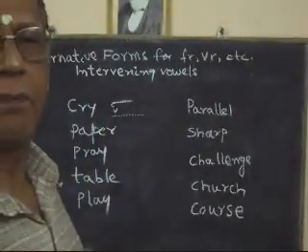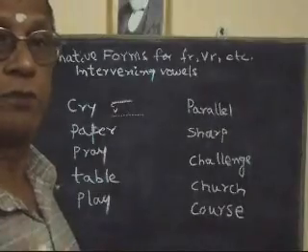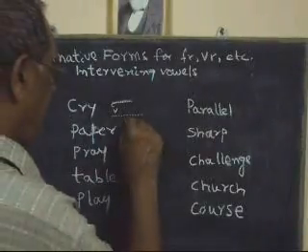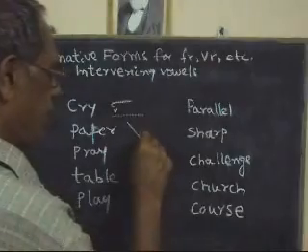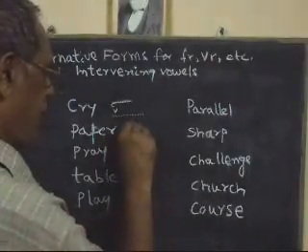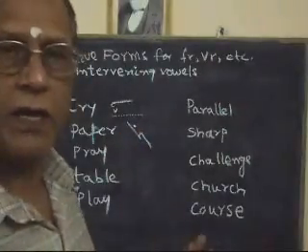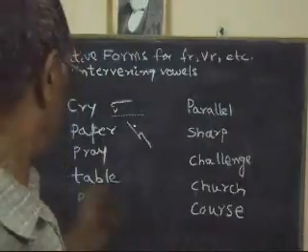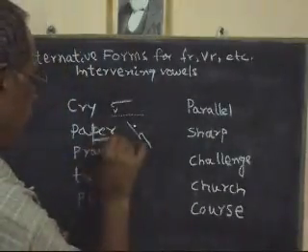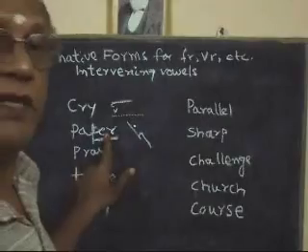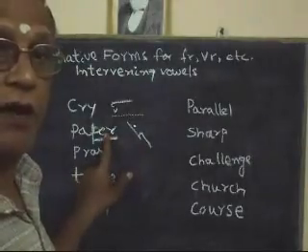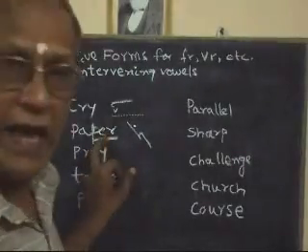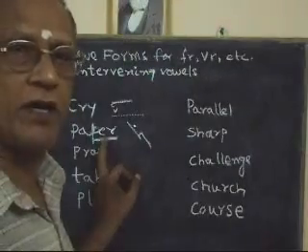Paper. See how speedily it is pronounced. Paper. Quick. Here, you may think that there is an intervening vowel of A, but A is not properly audible.